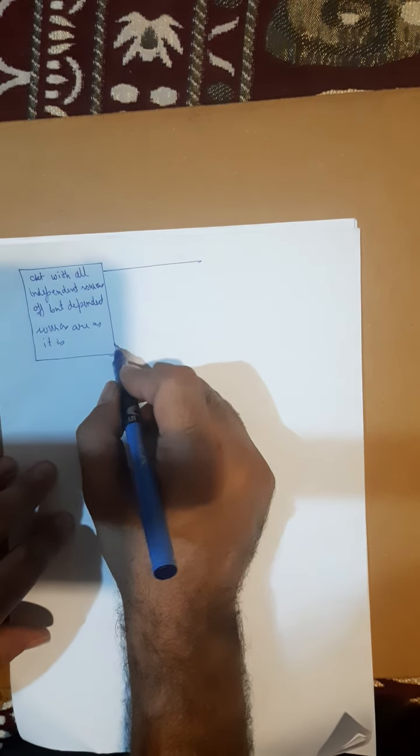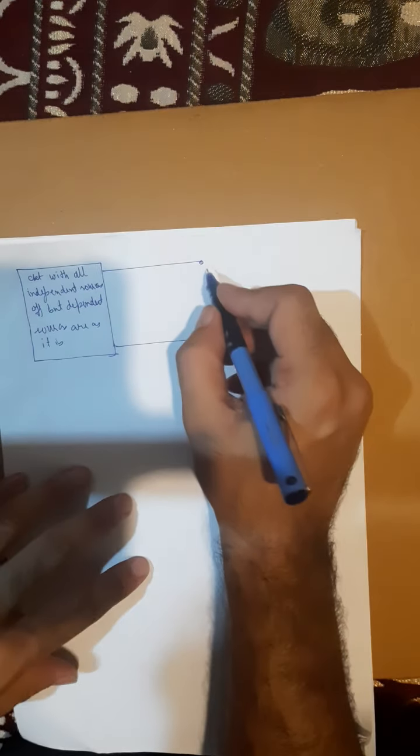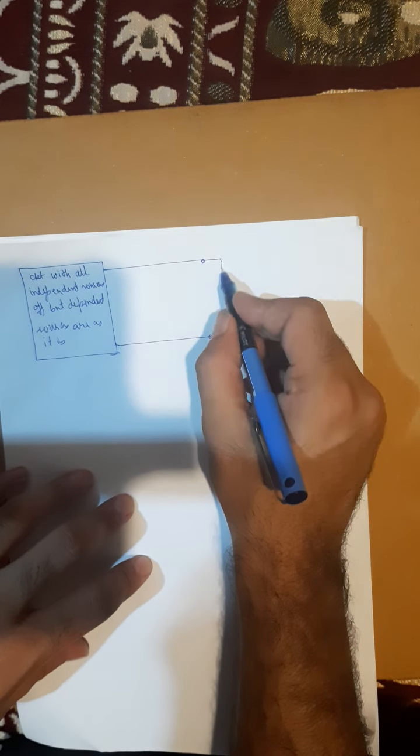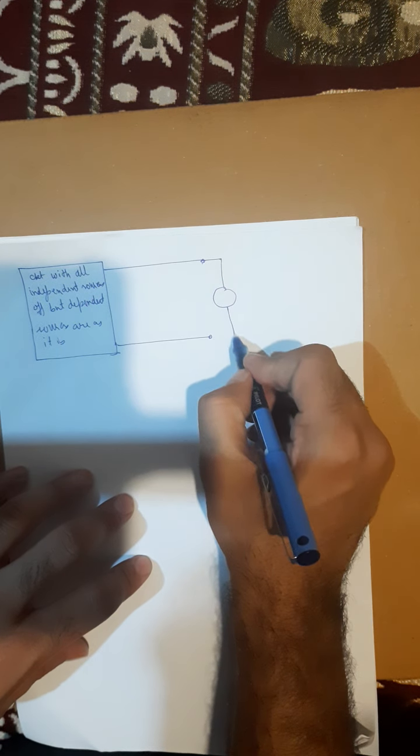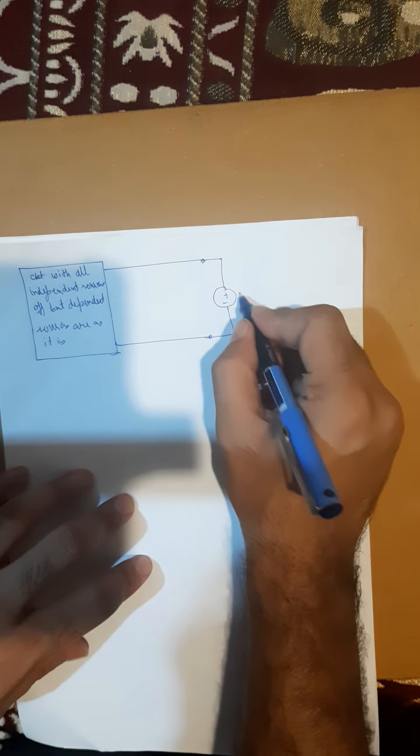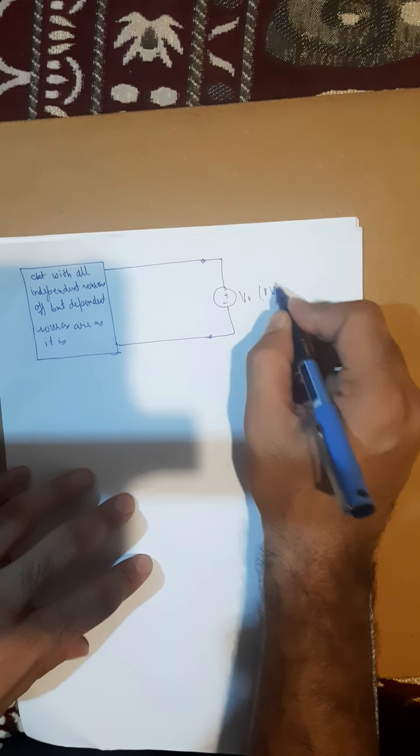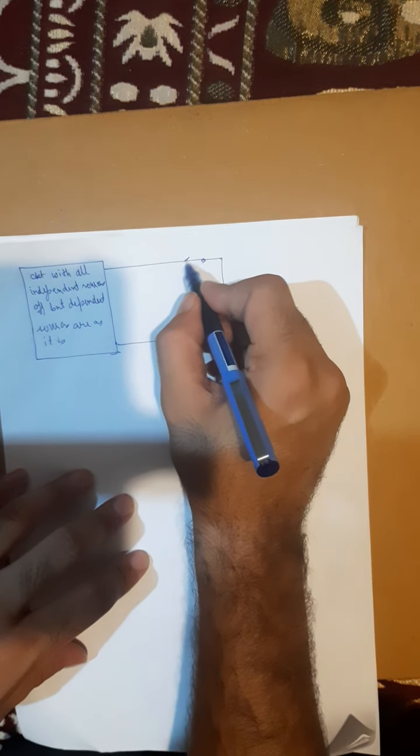In this case we can calculate RTH in two ways. In the first, obviously the load has been removed. We will use a voltage source V0 of, say, 1 volt, and we will calculate what is the current flowing here.